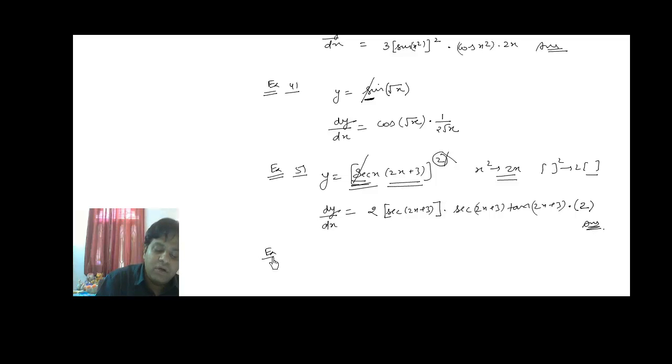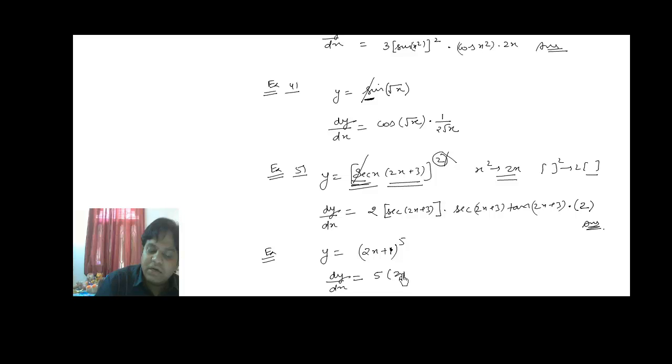Let's take one more example. For example, if I am given, let's say, 2x plus 1 to the power 5, and I am asked to differentiate this, then I see that this is small bracket to the power 5. I'll differentiate it by reading it as 5 power of bracket.